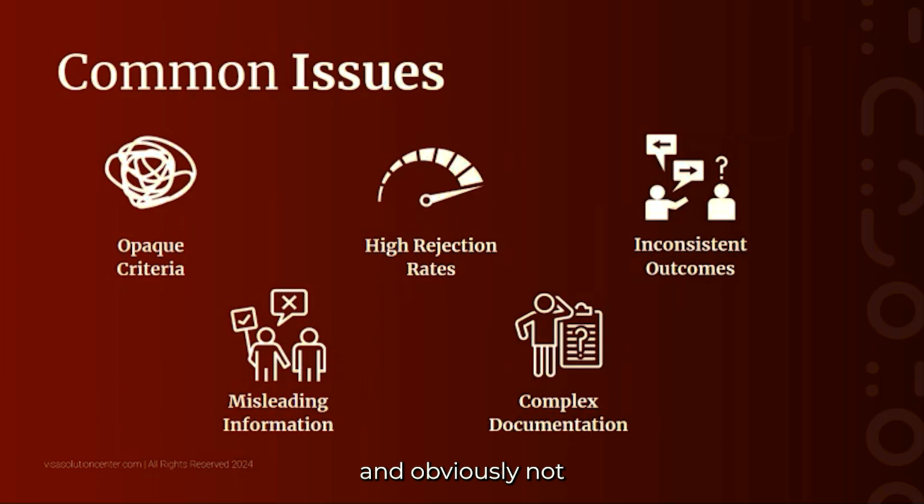And obviously, not knowing exactly what the criteria are for a successful application, and what documents need to be attached to that application, is something that also makes a lot of people fall into denial during the process. Okay, not having enough documentation or not being clear in the documentation will really affect your application.